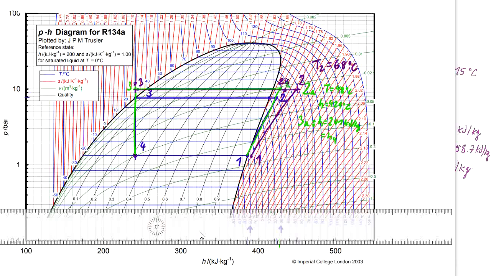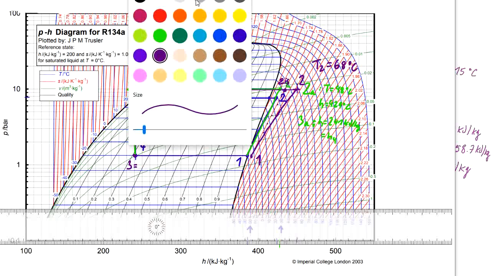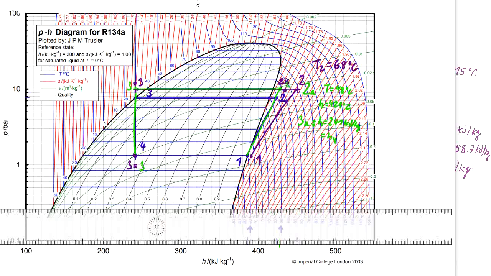So you can show it like this, that here is 3, which is the same as the green cycle 3. And then we have the evaporation, where for the purple cycle it goes over here to the point 1, which is a little bit further right in the superheated vapor.